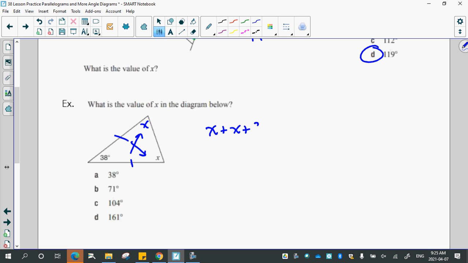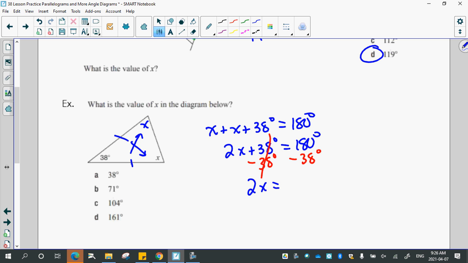That means that x plus 38 degrees is equal to 180 degrees. With the isosceles triangle theorem, it's all about making sure you know which two angles are the same: the ones opposite the sides that are the same. Divide by 2, because it's asking the value of x. 71 degrees. See?